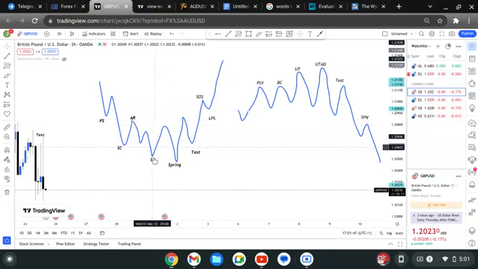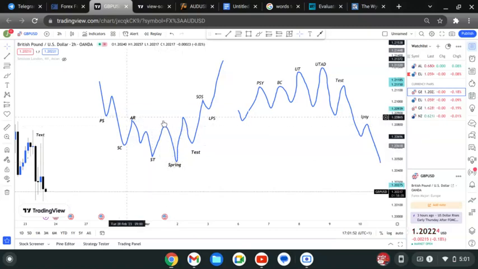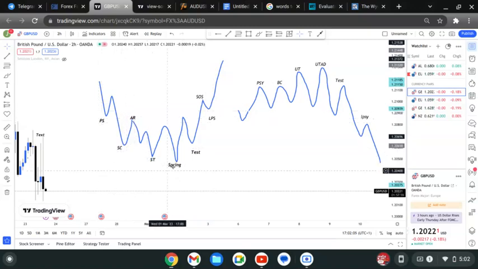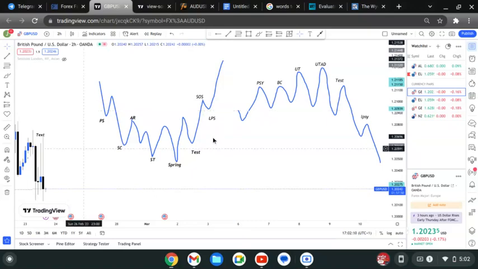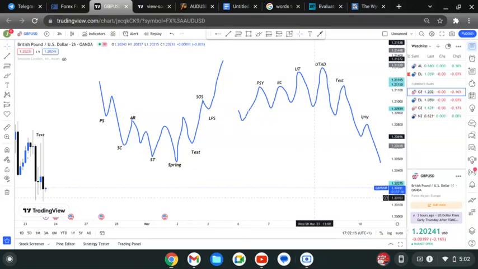We see the liquidity here being run and all the sellers here being liquidated. Price comes back to test this spring and moves up. This is the preliminary supply, the selling climax, automatic rally, secondary test, spring, the test of that spring, sign of strength, and LPS. And for distribution, distribution is the transfer of buys into sells.